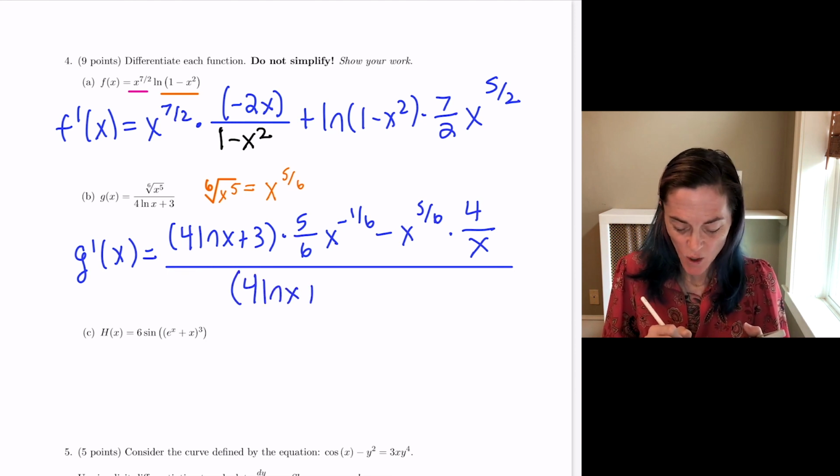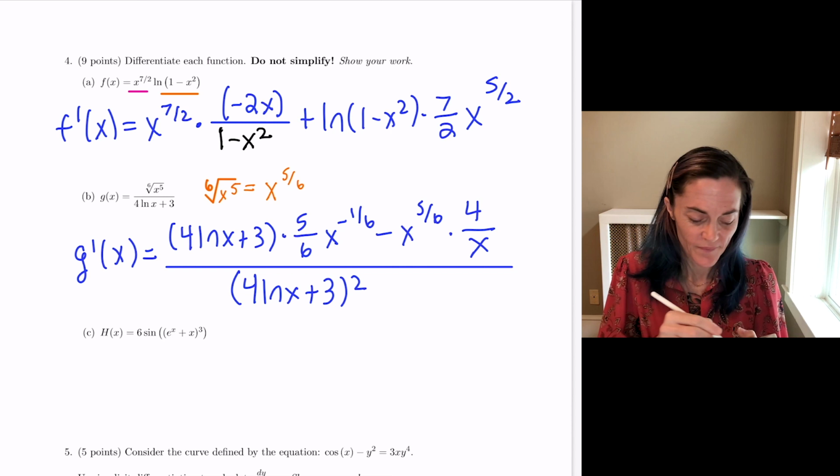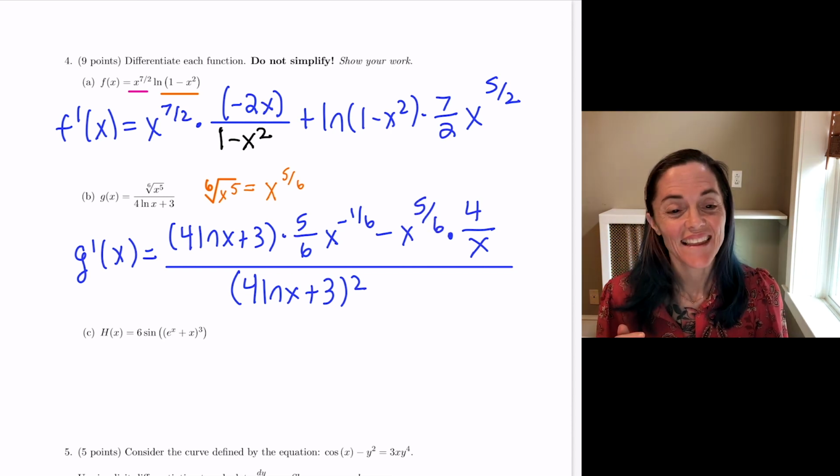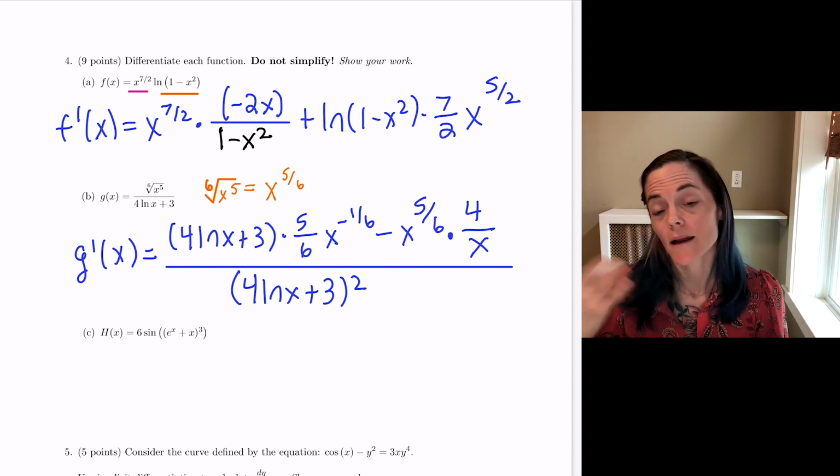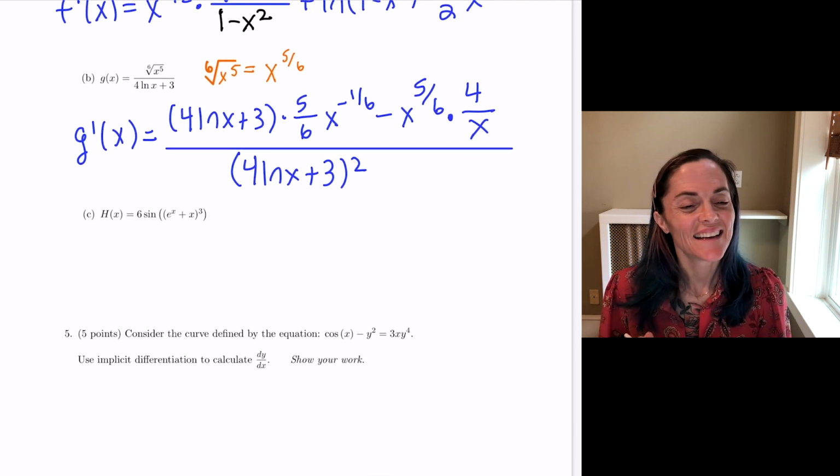This was the quotient rule. Okay, here's g prime of x, and I did not simplify.